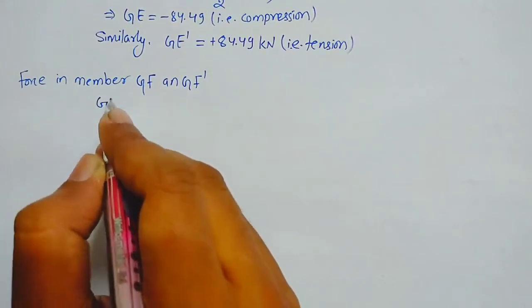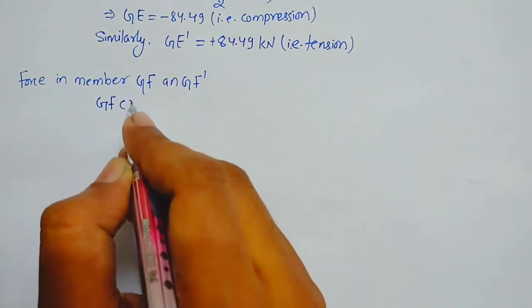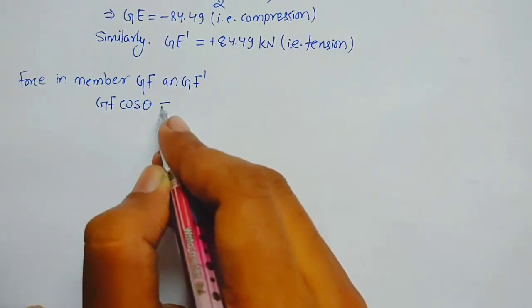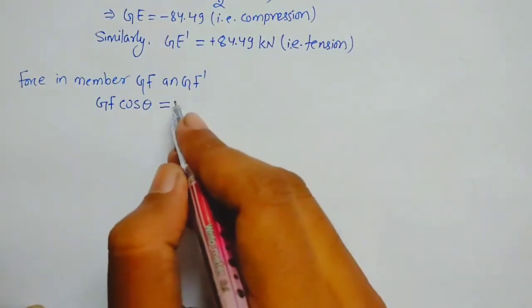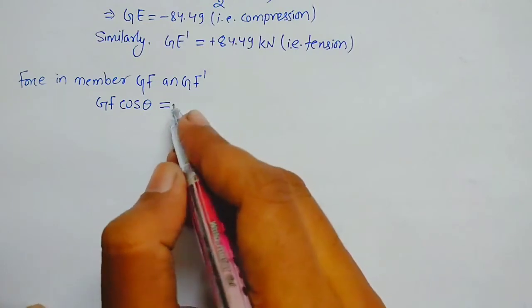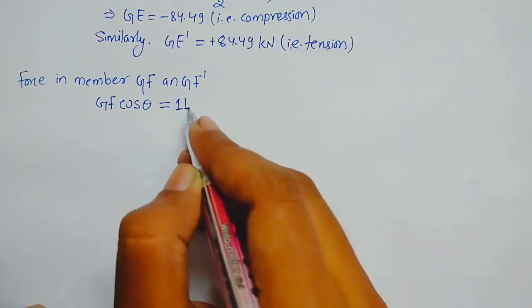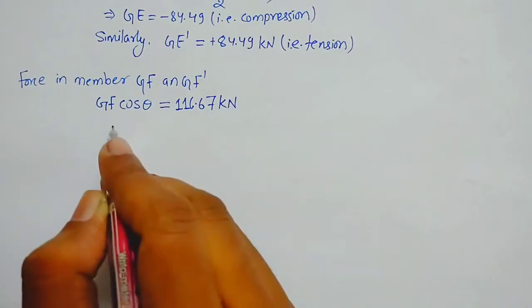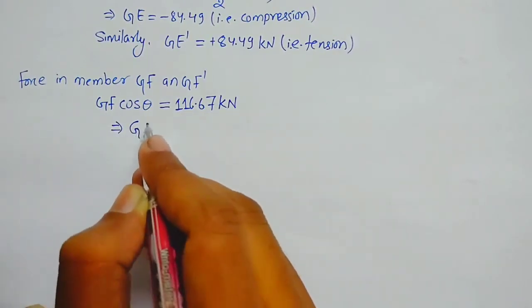So if I write down the component of GF in the vertical direction, it will be GF cos theta, and it will be equal to our vertical reaction, which we have calculated as V equals 116.67 kilonewton.